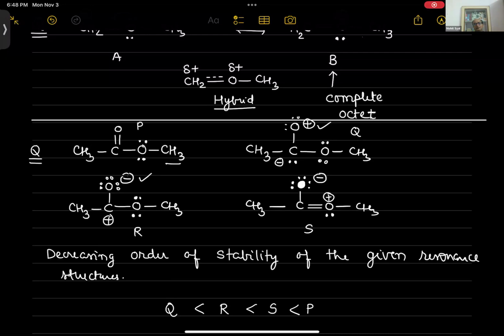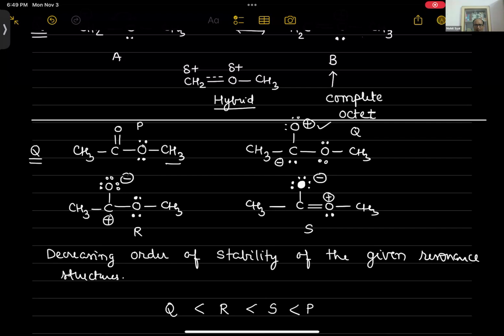It will not be stabilized by negative charge, it will be stabilized by positive charge. The more electronegative atom needs negative charge, and positive charge on the less electronegative atom, for stability. Is it clear?